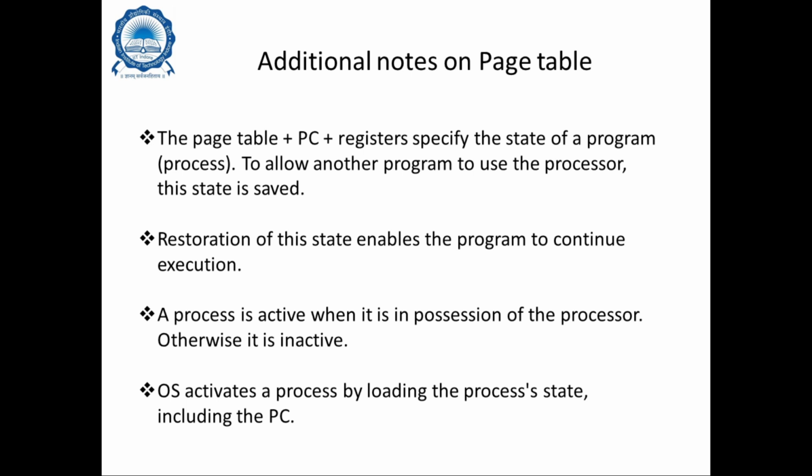The operating system activates a process by loading the process's state, including the program counter. Whenever a process is in possession of the processor, that is, resources have been allocated by the OS, it is considered active. If it is not, then it is considered dormant or inactive. And how do we activate a process?